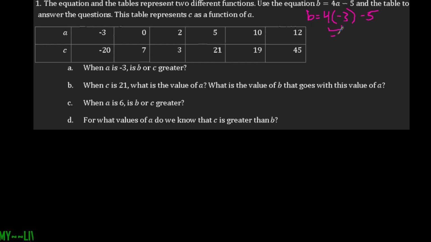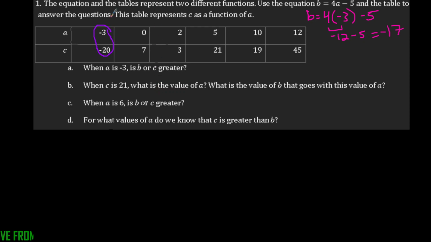This is going to be -12 minus 5, which is -17. And if we look at our other function, let's do purple. For c, again, when a is -3, that's going to be this point right here.